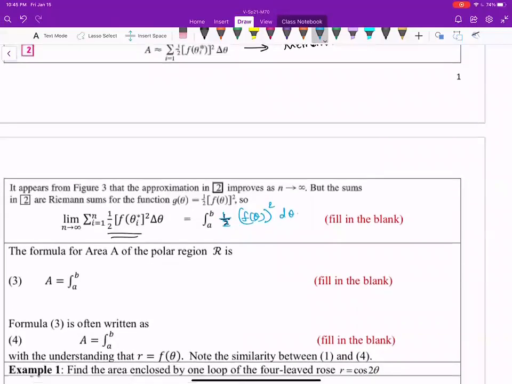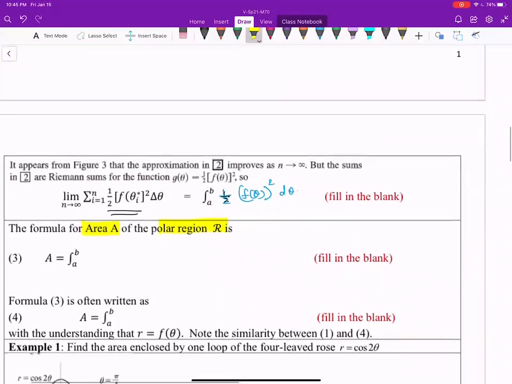The formula for the area A of the polar region R is A equal to the integral from a to b of half f of theta square d theta.